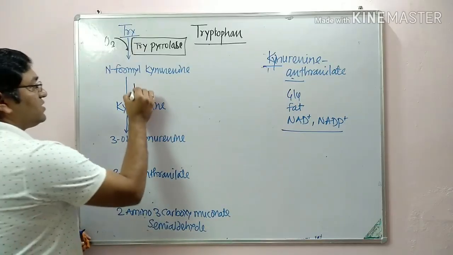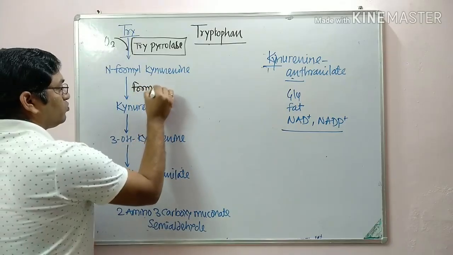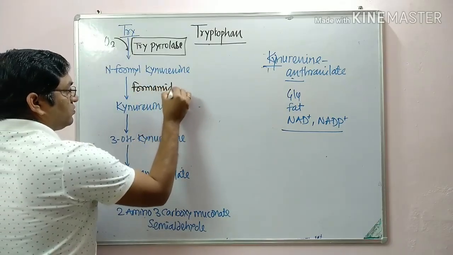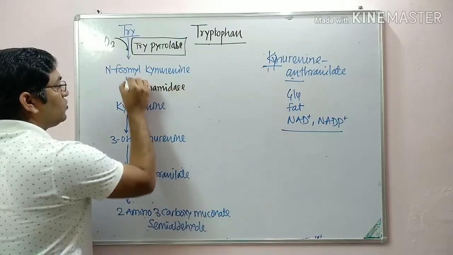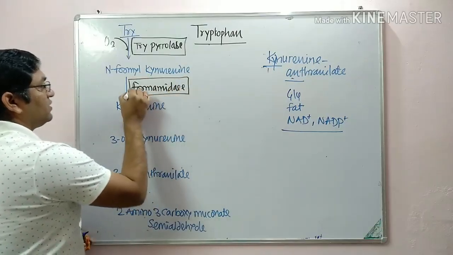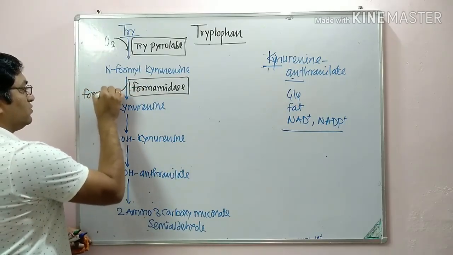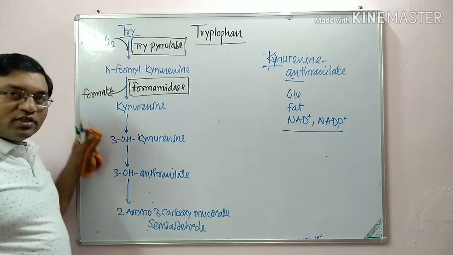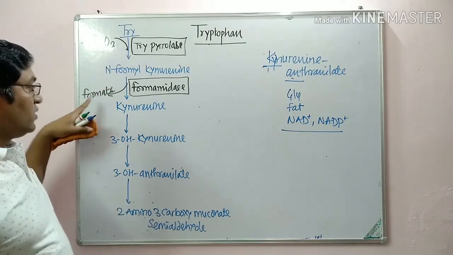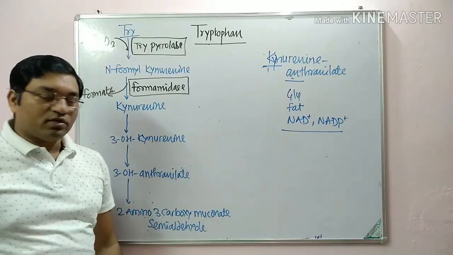Then the second enzyme is formamidase. The other name is kynurenine formylase, with the removal of formate, which is important in one-carbon metabolism. There is synthesis of kynurenine.